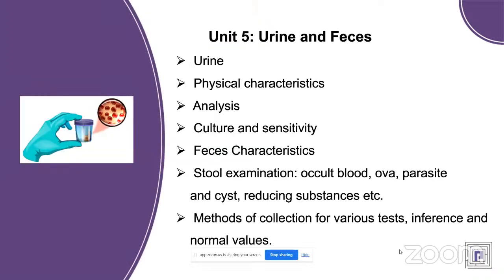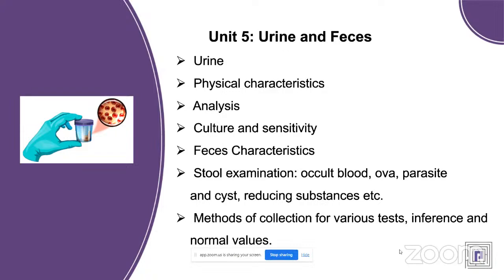Coming to urine and feces, fifth unit. In this unit, we are going to discuss the physical characteristics, culture, sensitivity and analysis of the urine. And coming to the feces, we are going to discuss occult blood, ova, parasite, cyst, and reducing substances present in the stool.